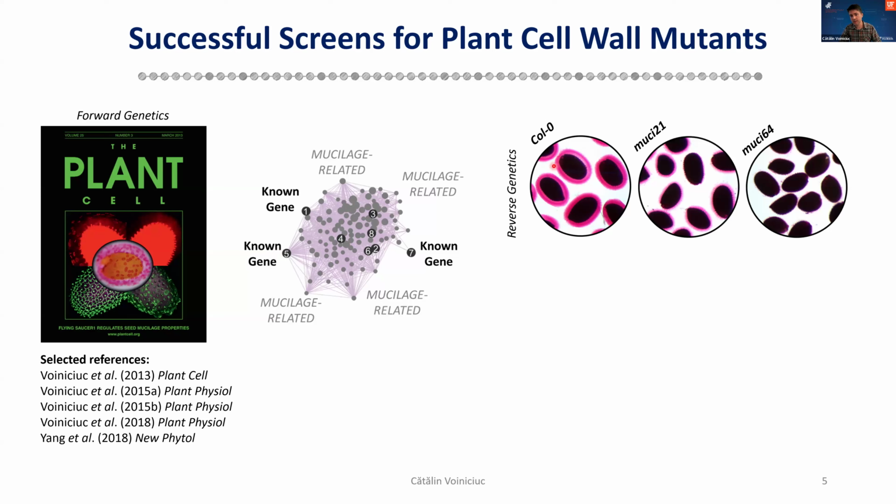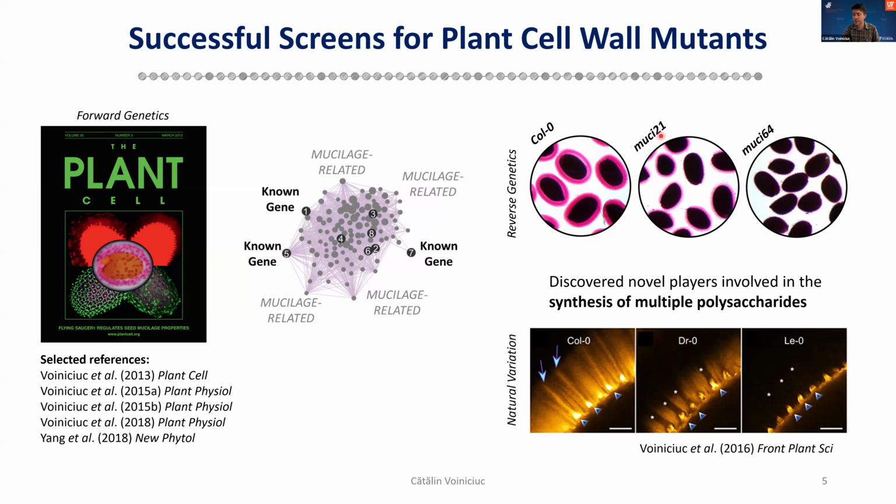And relative to our wild type shown here, this is the Columbia 0 seeds for Arabidopsis, I found a series of mutants. Here I'm showing you just 2 of them, which led to noticeably different mucilage properties when mutated. And these actually led to the identification of polysaccharide synthases involved in the elongation or decoration of several classes of polymers.